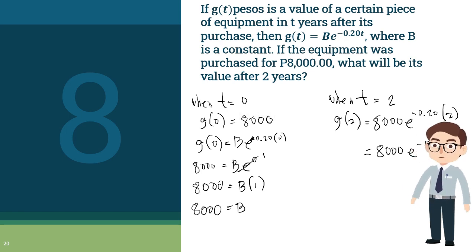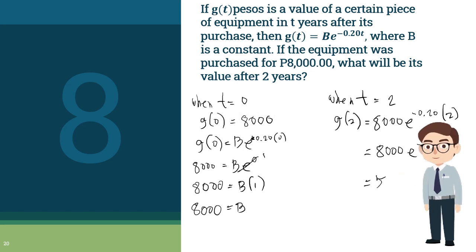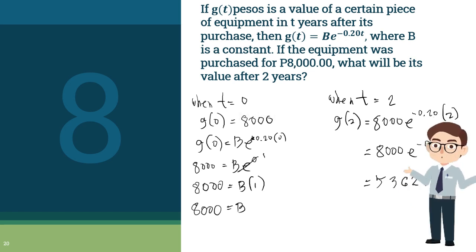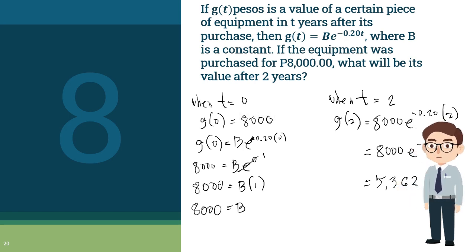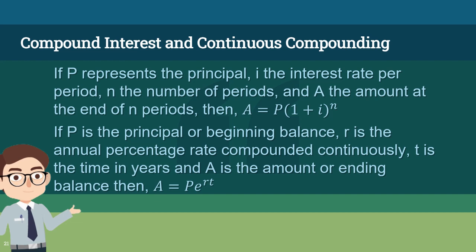Okay, using your calculator, we will now have the value of 5,362.56 pesos. Therefore, the value of the equipment after 2 years is 5,362.56.